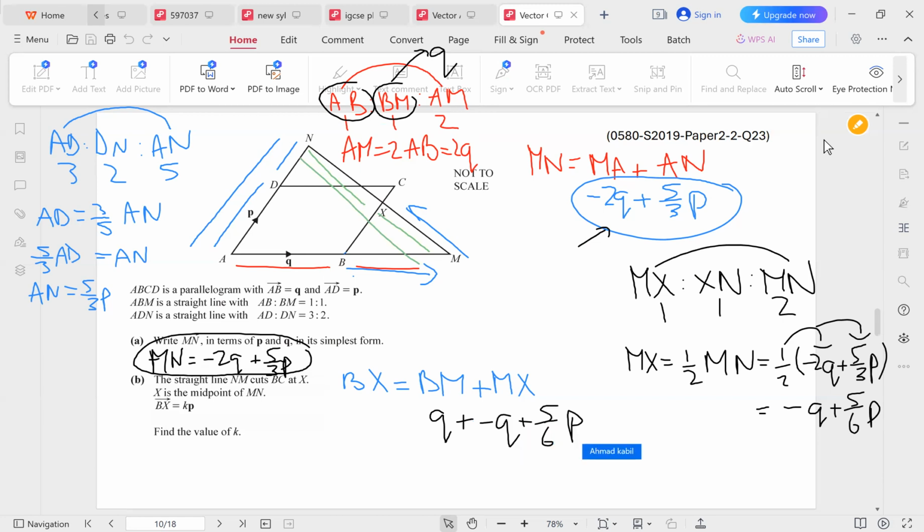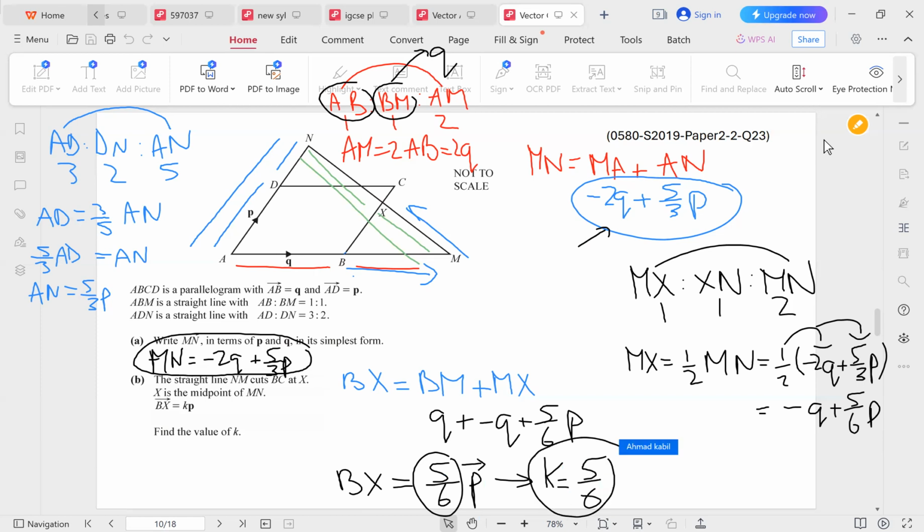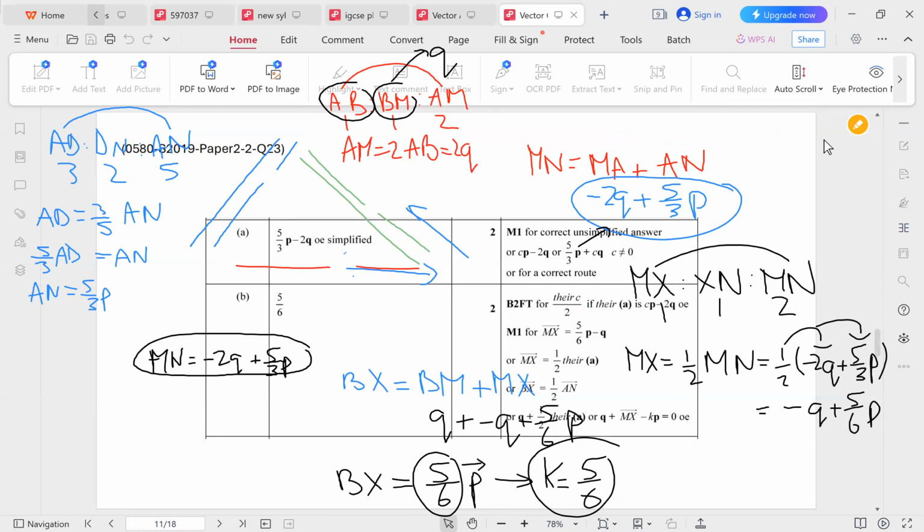So therefore, BX equals q plus negative q is 0. So this is equal to 5 over 6p. And therefore, the constant k is equal to 5 over 6. Let's check the marking scheme. We have 5 over 3p minus 2q for the first one and 5 over 6 for the second.